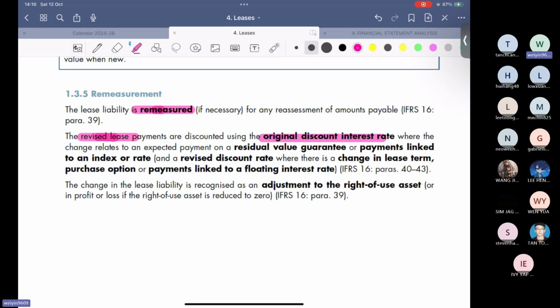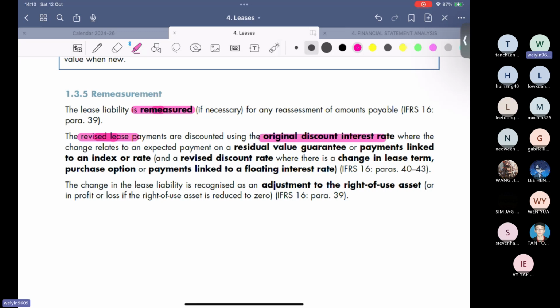So when we change the terms and conditions, there is a change in the lease liability. Because I need to pay more, my liability has been increased. So we need to recognize the increase.